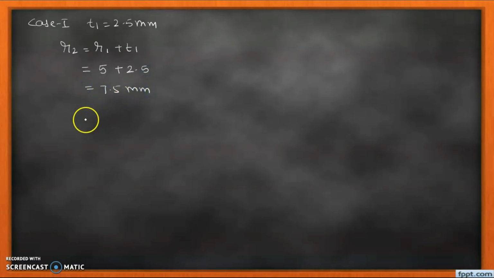Case 1. The thickness is 2.5 millimeter. So R2 becomes R1 plus T1. R1 is the outer radius of the pipe, which is 5 millimeter, and the thickness is 2.5. So finally R2 becomes 7.5 millimeter.